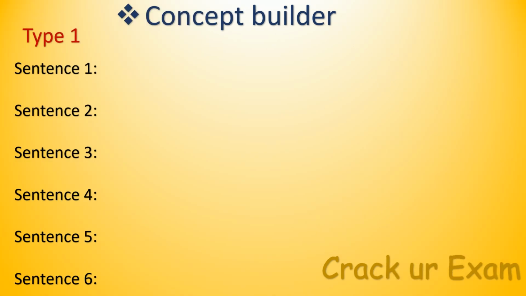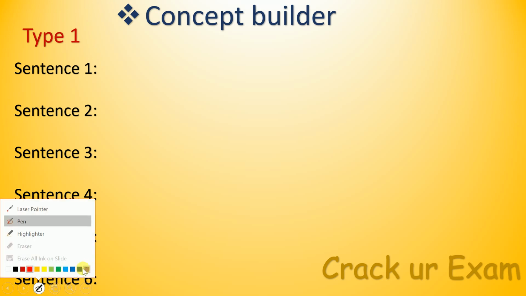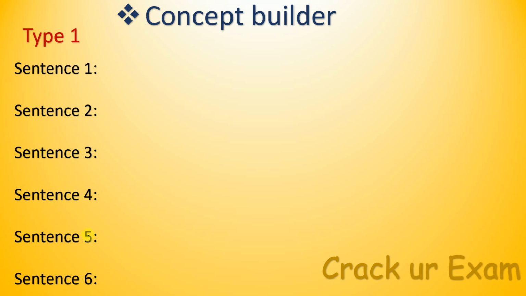First of all, what is type 1 of rearrangement? Generally it is the basic type. In a rearrangement question, the passage will definitely be based on a certain issue or story.